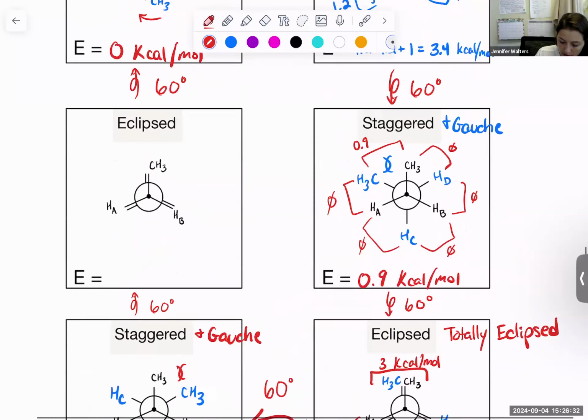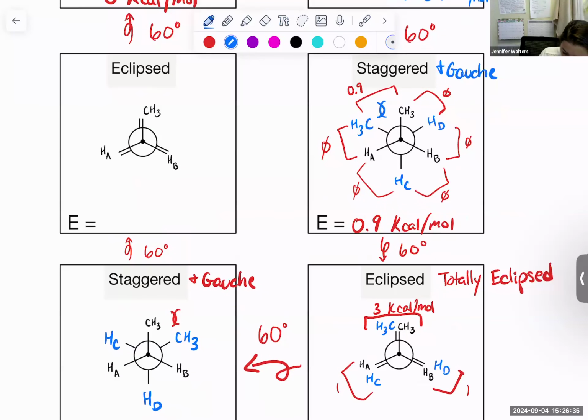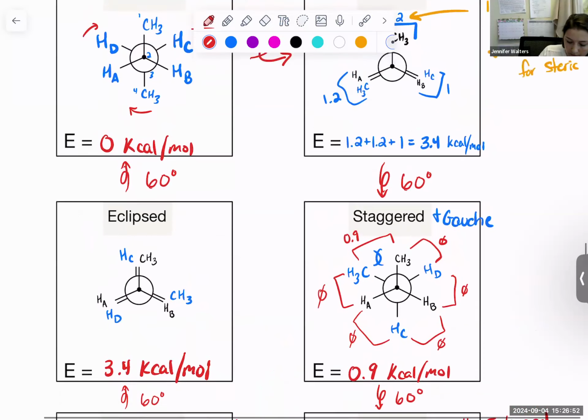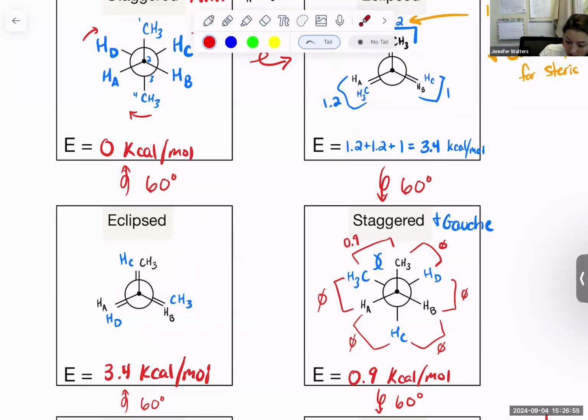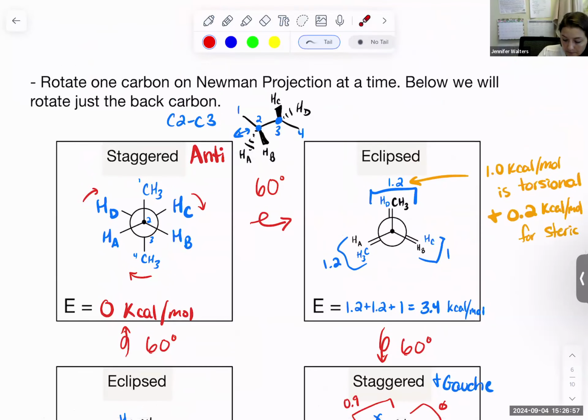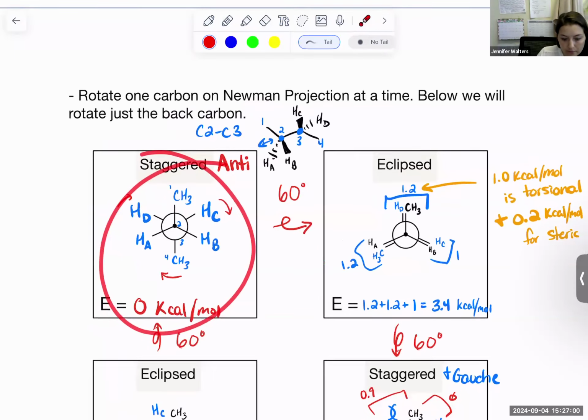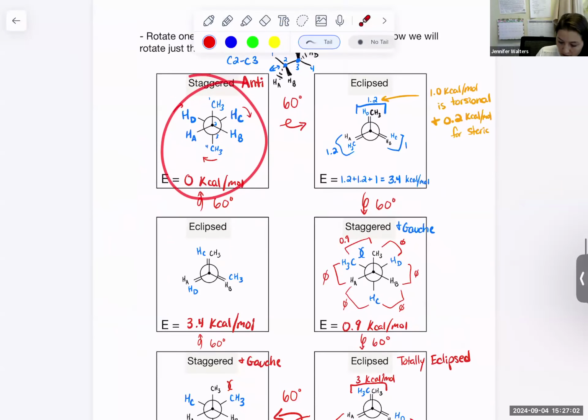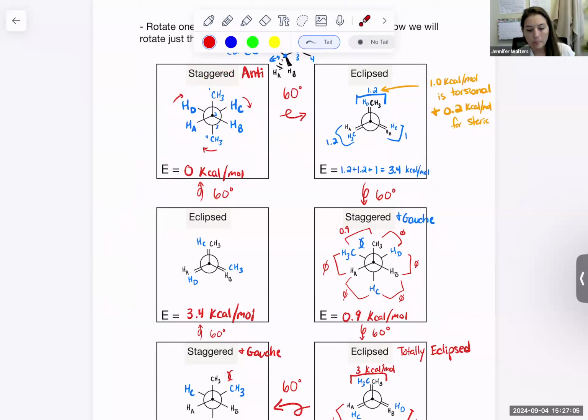If I rotate another 60 degrees, now HD is behind HA, HC is behind my methyl, and my methyl is behind HB. That is going to be a total of 3.4 kcals per mole. If I rotate it another 60 degrees, I get back where I started. So these are all of the possible Newman projections from that same perspective.